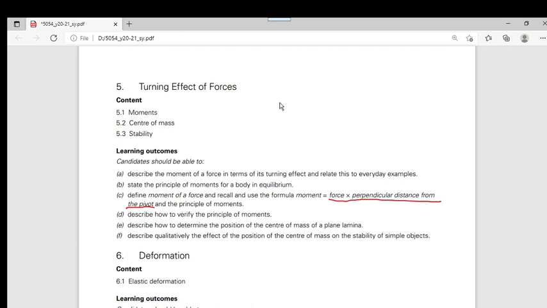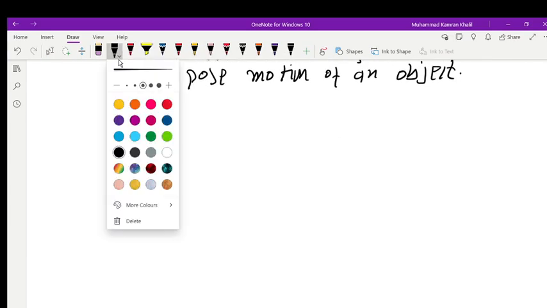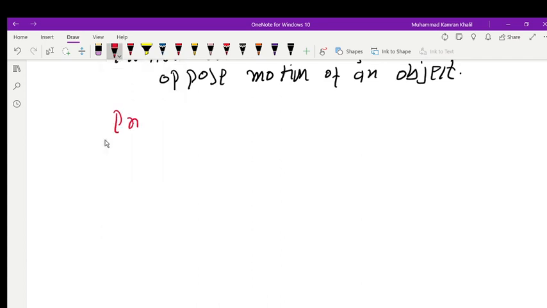The principle of moment. Now for the principle of moment, I am going to write down the definition.